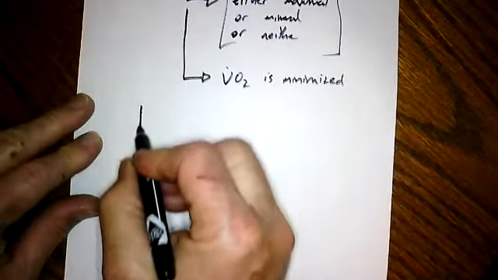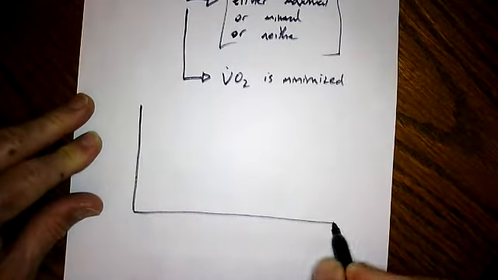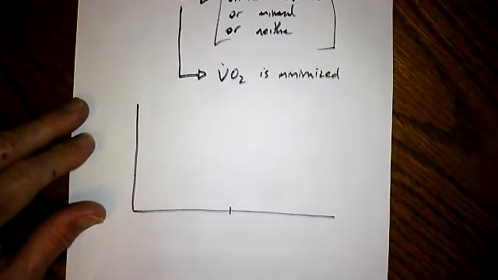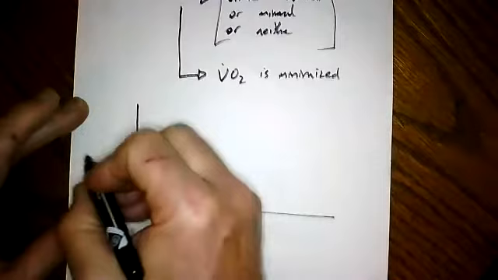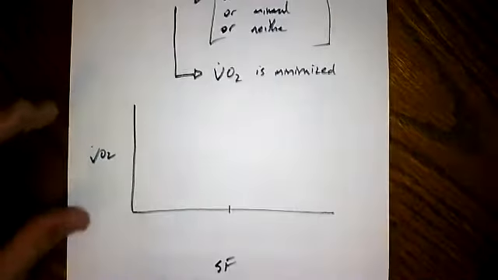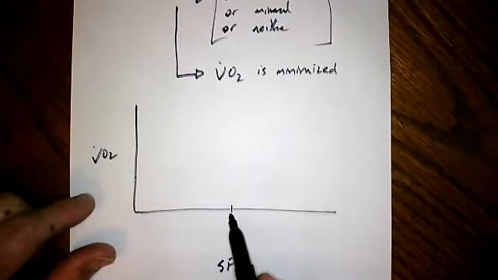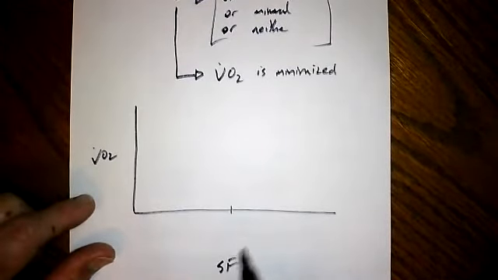We do the same experiment I've already described, but instead of putting preferred stride frequency here, and this could be stride frequency, and this is going to be VO2, rate of oxygen consumption. Instead of putting preferred stride frequency, I'm actually going to have values here. All right.